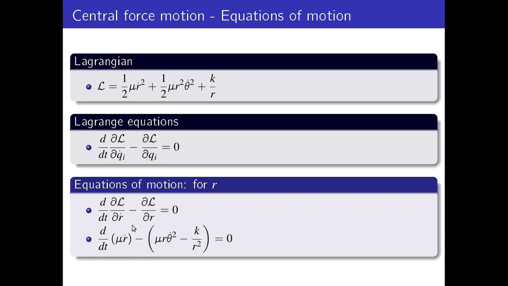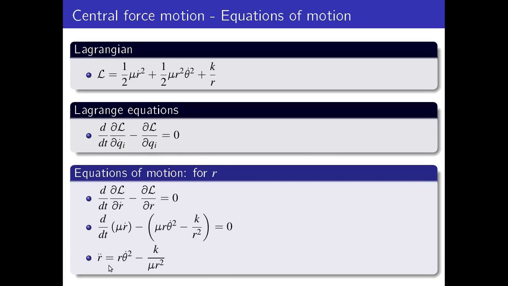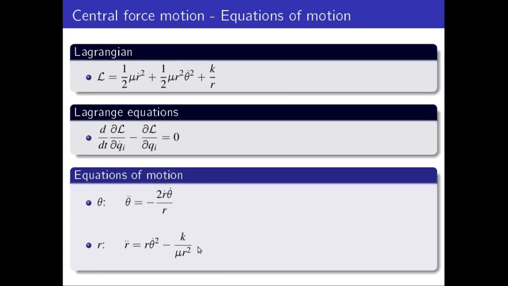And we need to take this total time derivative, and the only relevant term is this r dot. After taking this total time derivative and making some arrangements, one can obtain r double dot as r theta dot square minus k over mu r square. We have obtained two equations of motion.